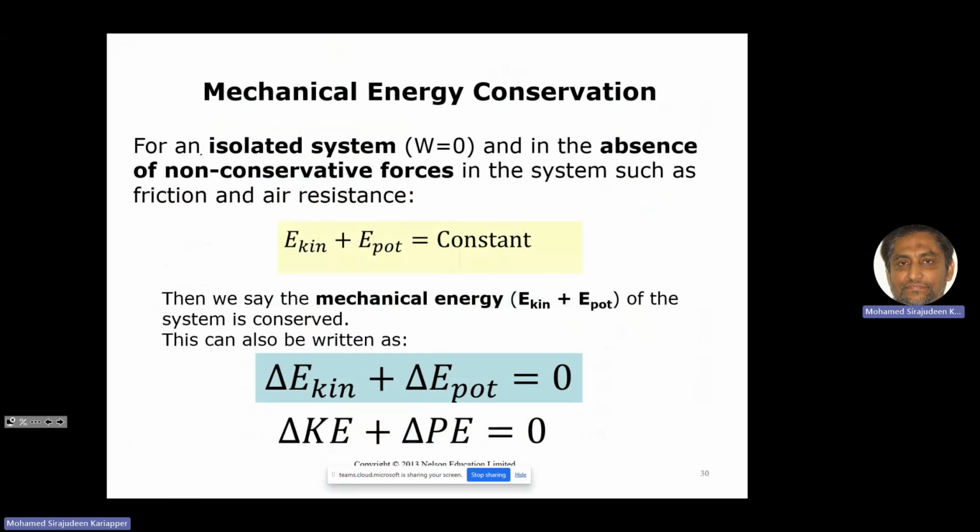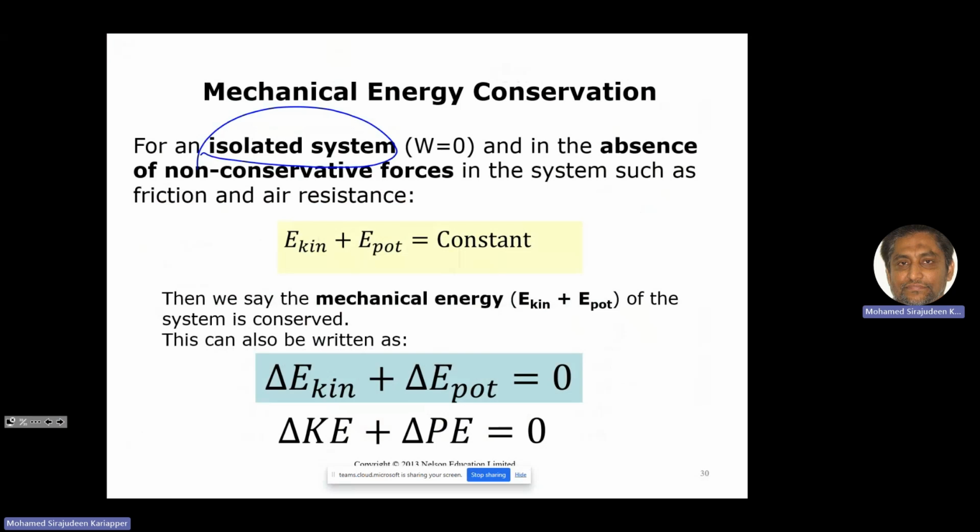It is only true for an isolated system. That means no work is being done from outside, no external work, and in the absence of non-conservative forces. There can be other forces, but if there don't exist any non-conservative forces, or we ignore them, like air resistance, then the mechanical energy must be conserved.